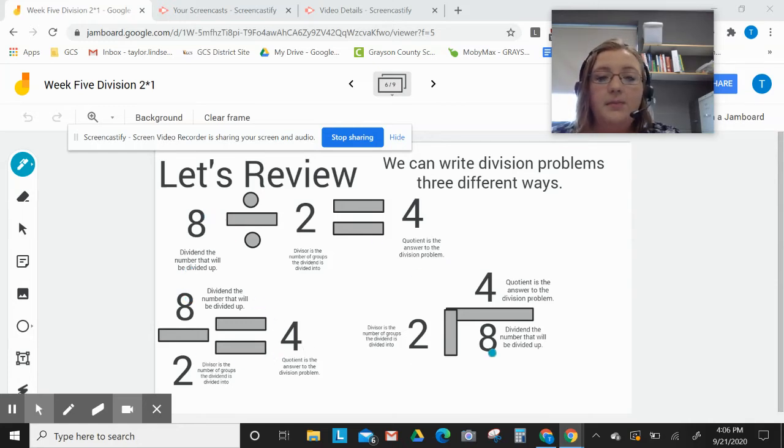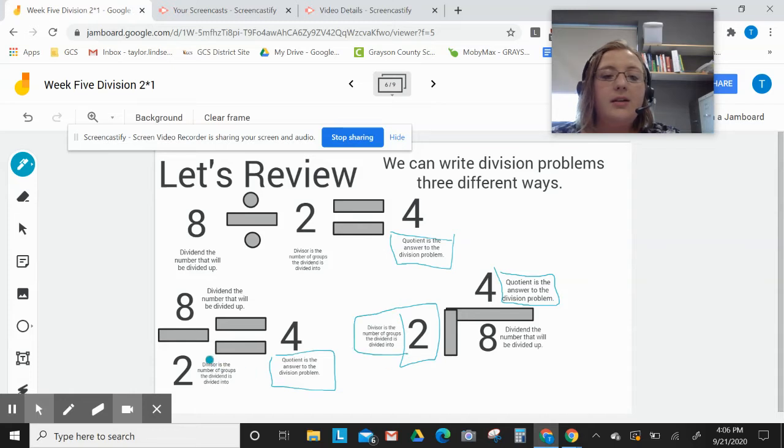And notice that no matter where they're placed, in this way of writing the division problem, the numbers have stayed the same part. So quotients are always going to be in this location on this type of problem. Divisors will be in the same place.